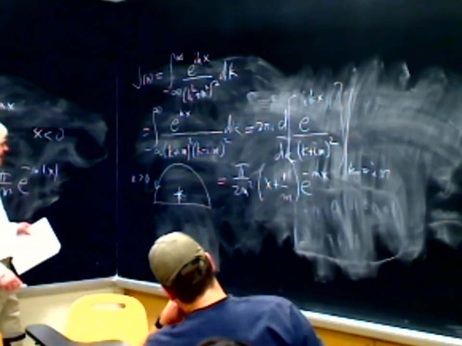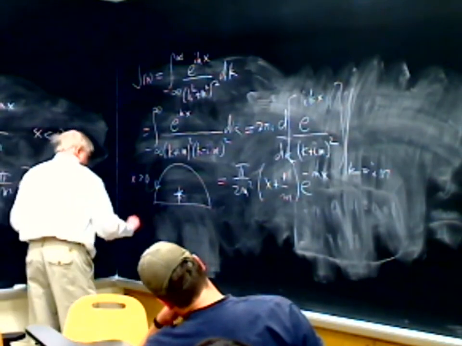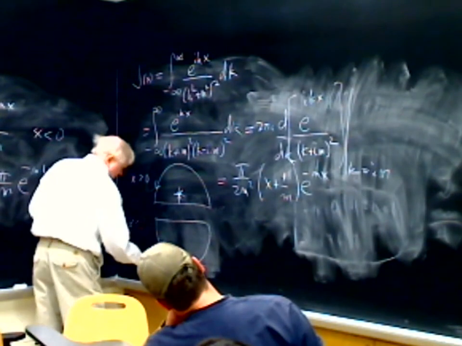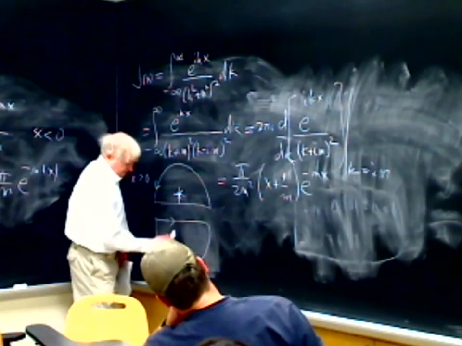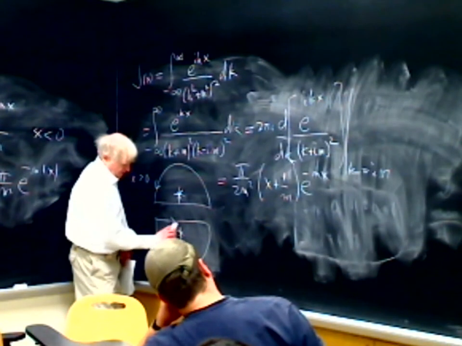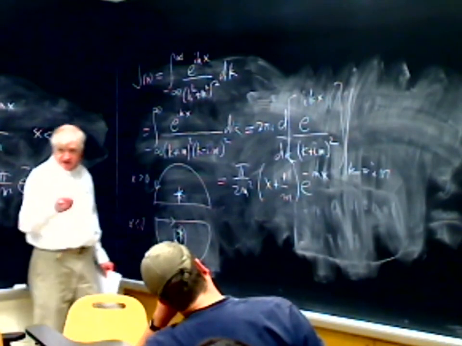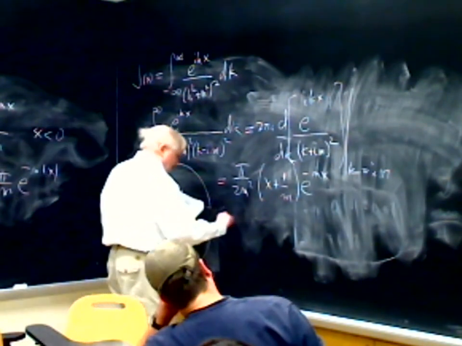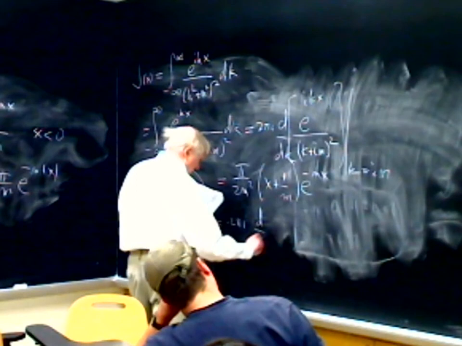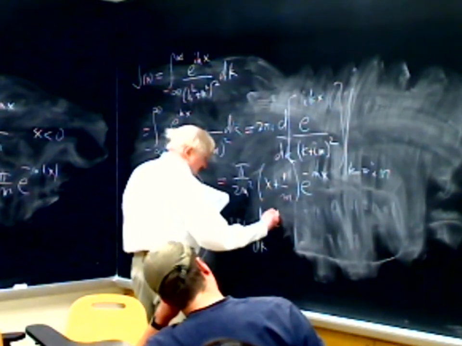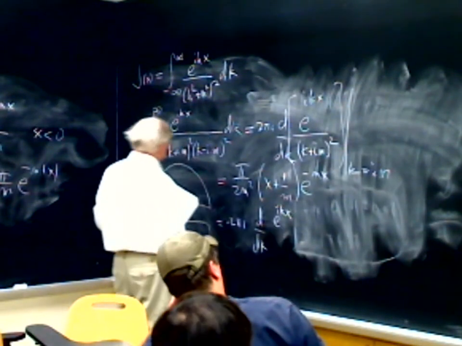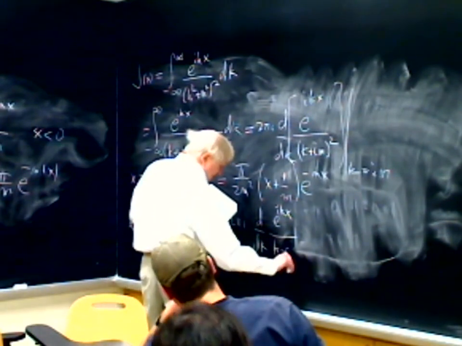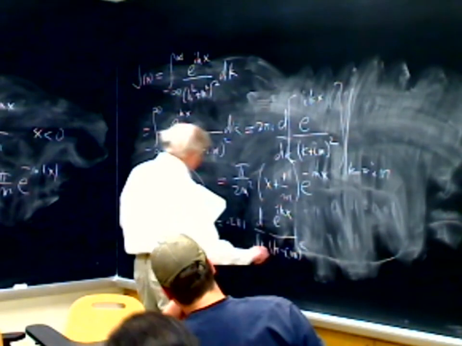Now, if on the other hand x is negative, then we do this. But now when we encircle this pole down here, which is a double pole, we're going around the wrong way, so we get an overall minus sign. And the answer is minus 2 pi i d by dk of e to the ikx over, and now it's this term, (k minus im) squared.